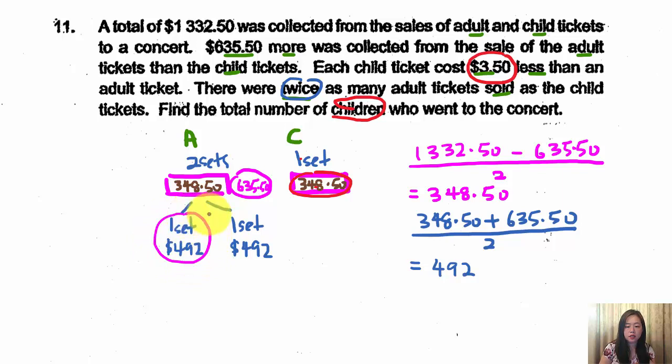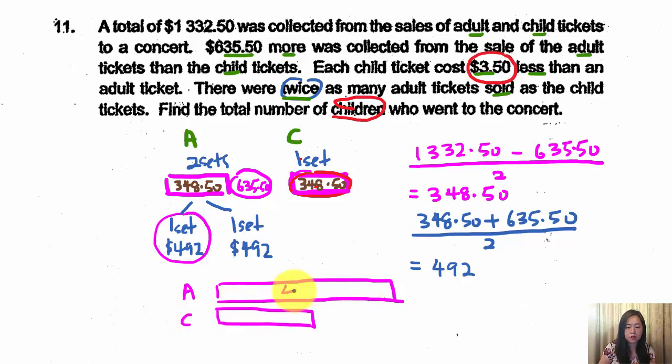If we draw a model for this and this, we can see that for the adults, it will be much longer than the children, because this is 492 and this is $348.50.